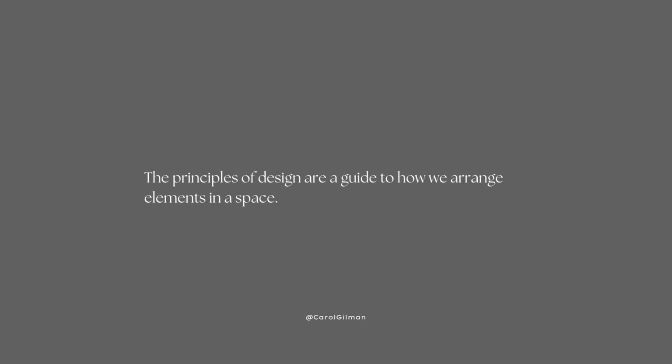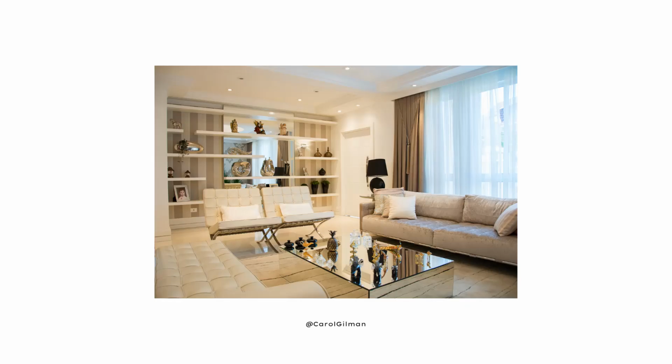Scale and proportion are part of what we consider to be the principles of design. It's almost like a guide to how we put different elements in a room together. Scale and proportion have to do with size. Size is the actual dimensions of an object, but I always think of scale and proportion as a relationship between objects, or objects and a room, and having them relate to each other in their scale.